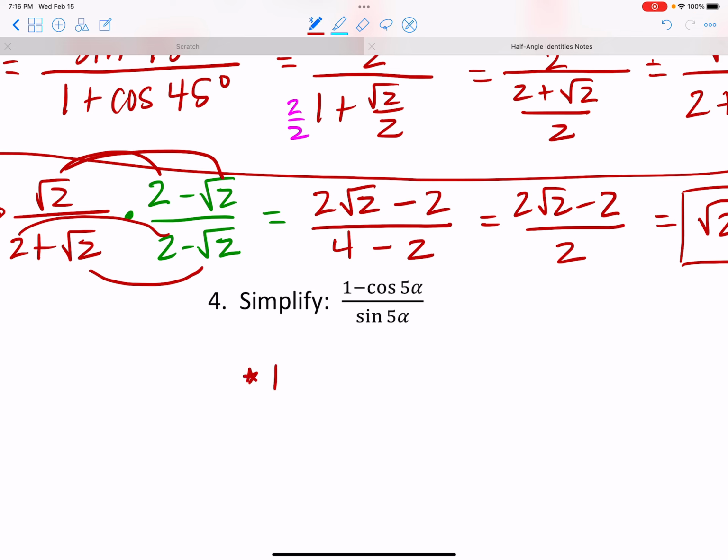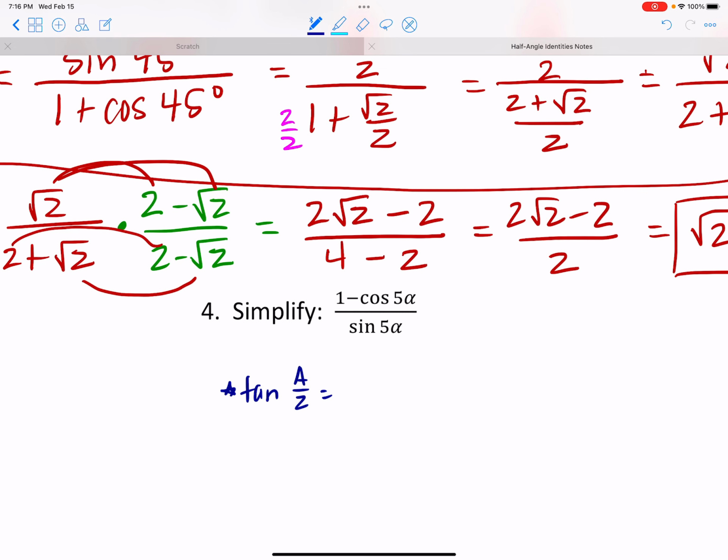The tangent of this half angle, a over 2, is equal to 1 minus the cosine of a over the sine of a. Now again, notice that a was replaced with 5 alpha, so now we just need to replace this a with 5 alpha.